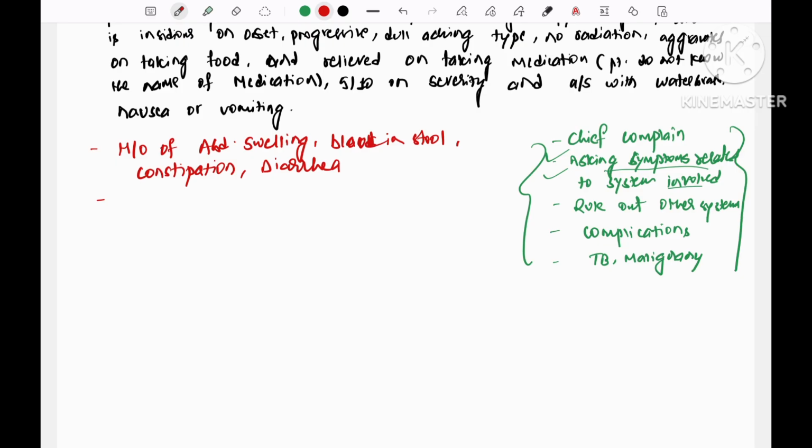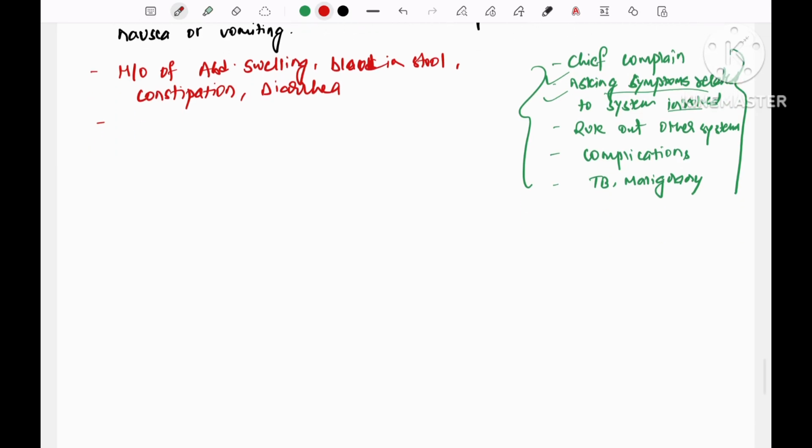But in pediatrics, we have to rule out all the systems, because any system can be involved. So for medicine and surgery, we rule out only the differential diagnosis, and no other systemic illness is necessary to rule out. But in pediatrics, every system should be ruled out. So I will write in a pediatric approach.